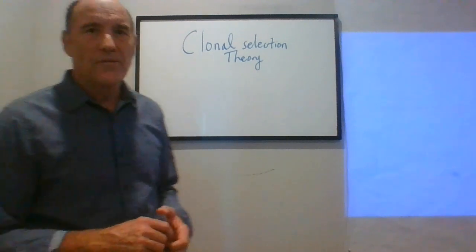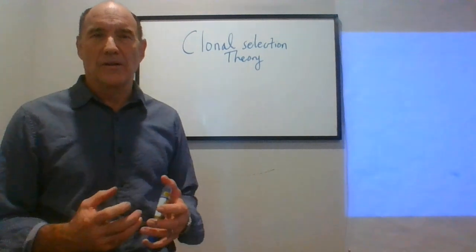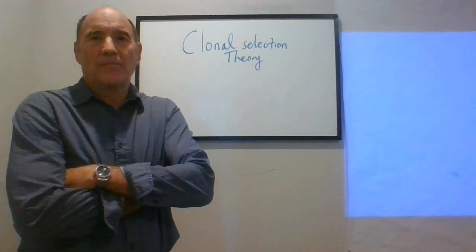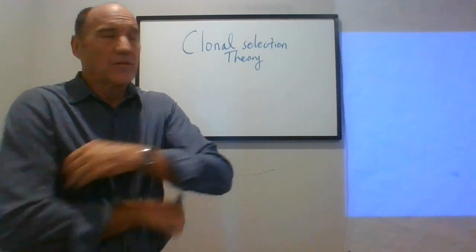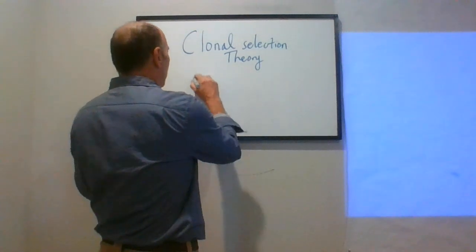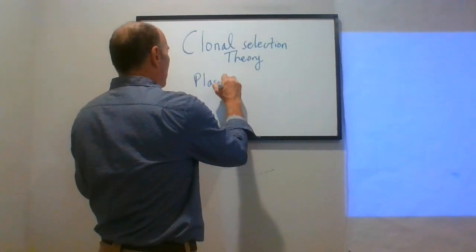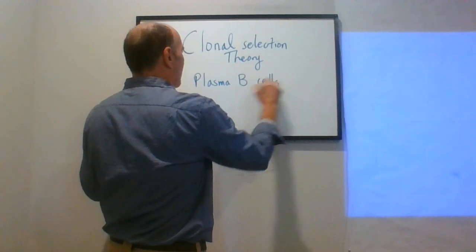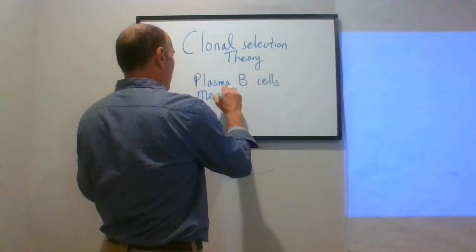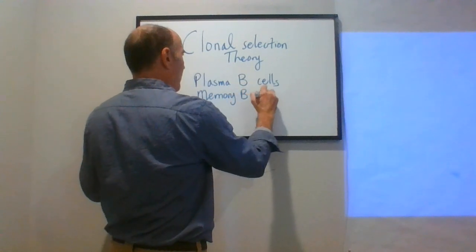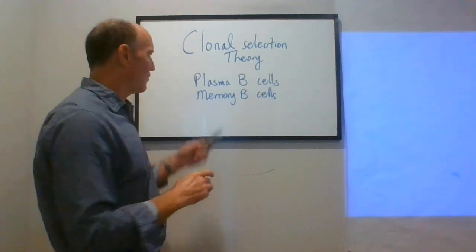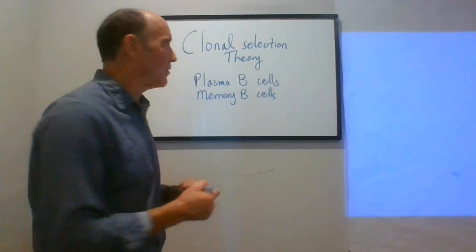Say you were infected with a certain virus. You have been born with, remember there's plasma B cells and there's memory B cells. What kind of cells are those? Those are all lymphocytes, right? They're all lymphocytes.